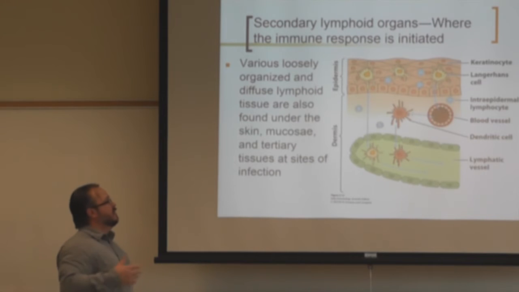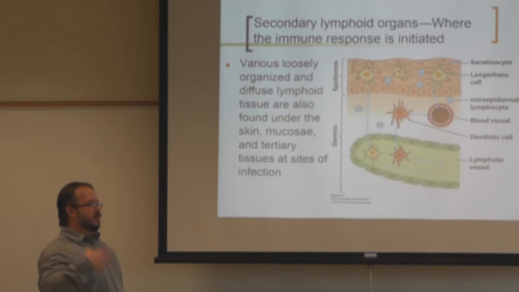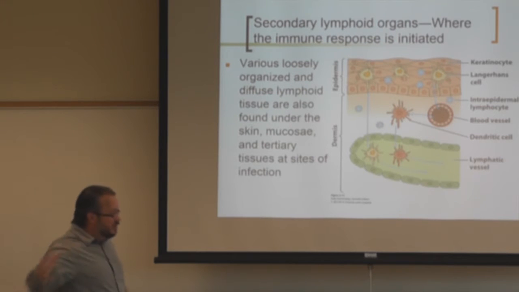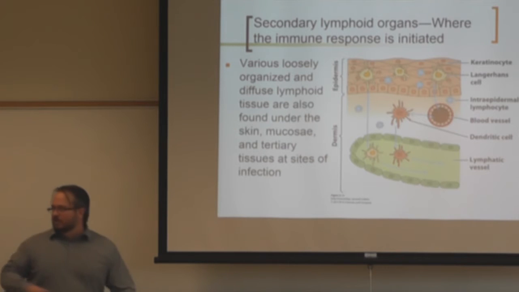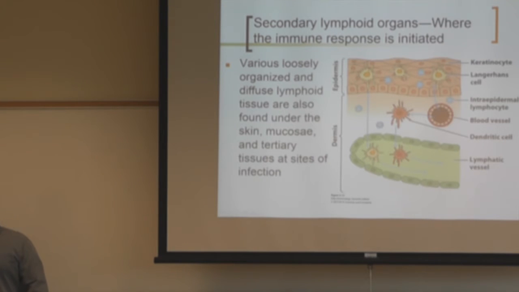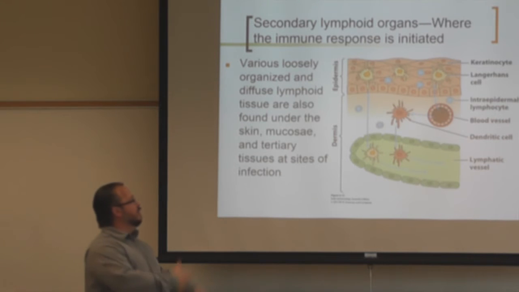Keratinocytes are important because, upon damage, they will start secreting inflammatory cytokines. That's going to bring in white blood cells to kind of look around. It's going to bring in the antigen-presenting cells, which are then going to present antigens to T cells and B cells that are kind of just hanging out, underlying tissue under the skin.